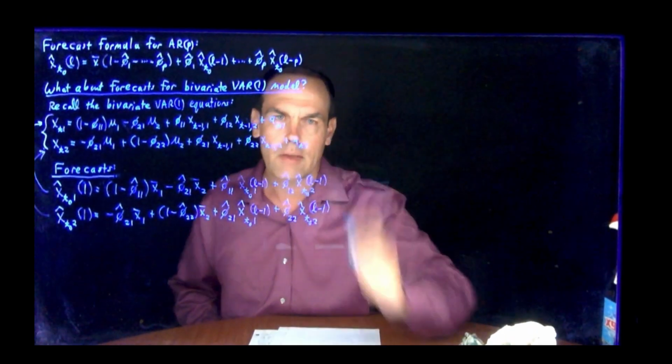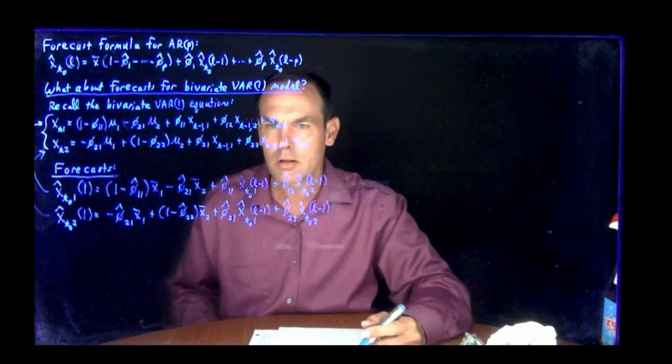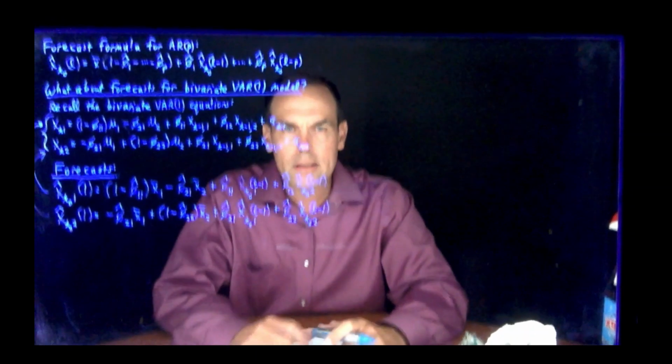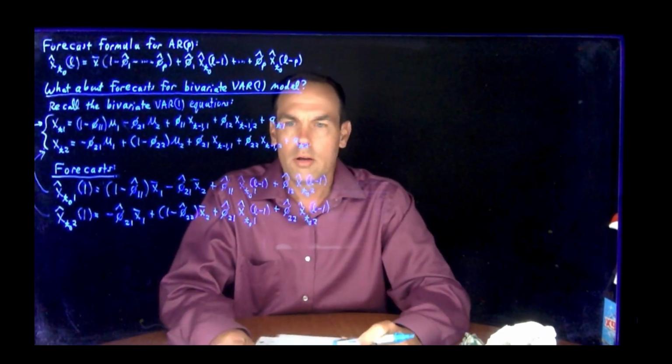And again, the A term goes away because the mean of that is 0. So there are your forecasts for the bivariate VAR1 model.